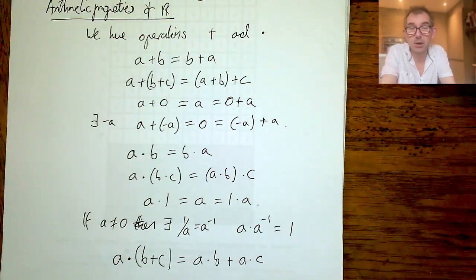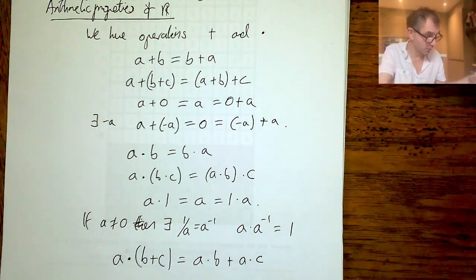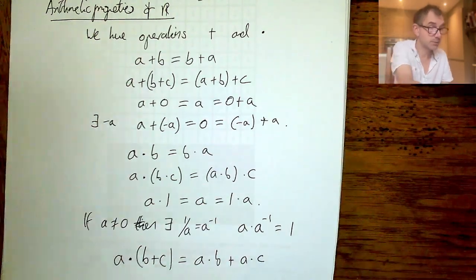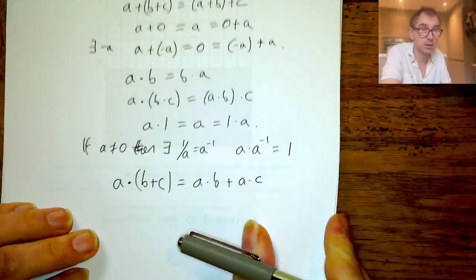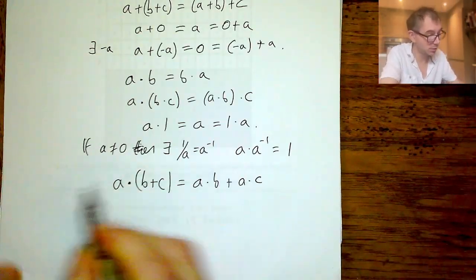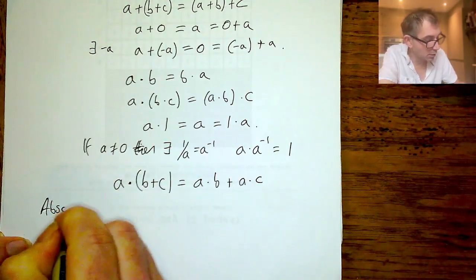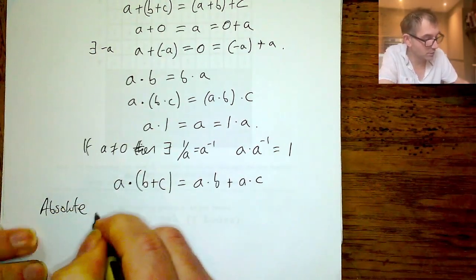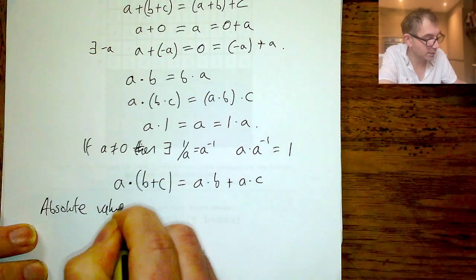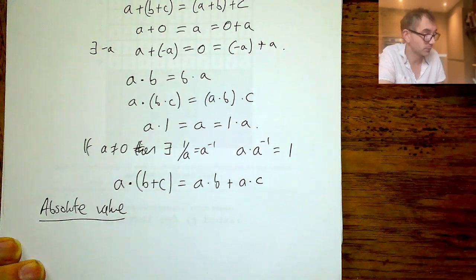Now, there's one more thing I just want to define, which is the operation of taking the absolute value. So this is useful for breaking into case-by-case checks.